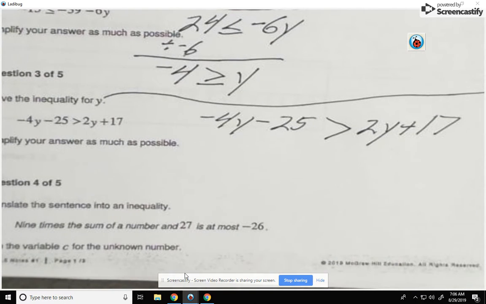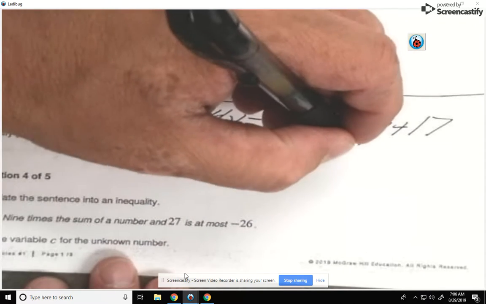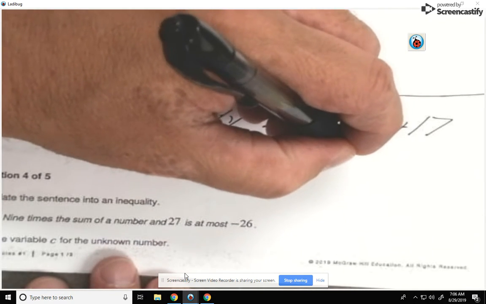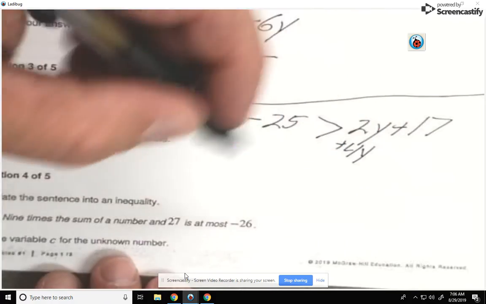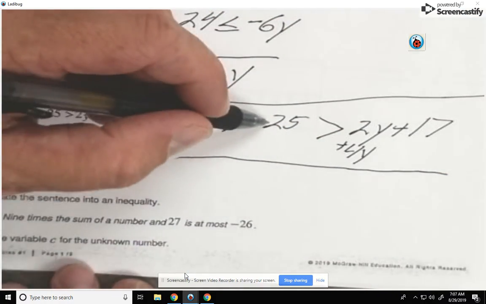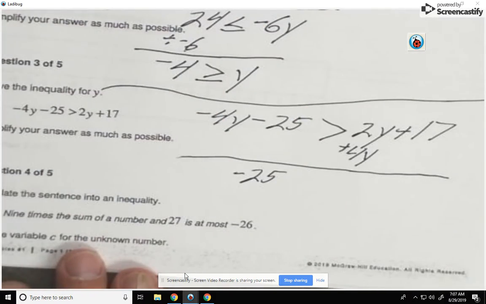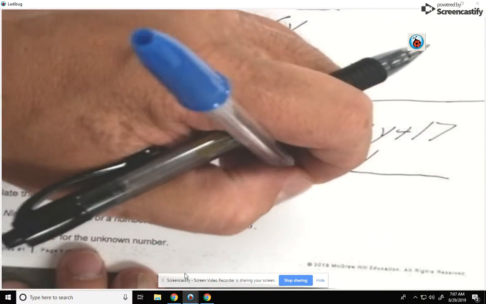From doing equations, we know we have to get our y's to one side. So if I want to move this negative 4y, since this is a negative, I know I add 4y to the other side. Here, my negative 25 comes down. My inequality symbol comes down.